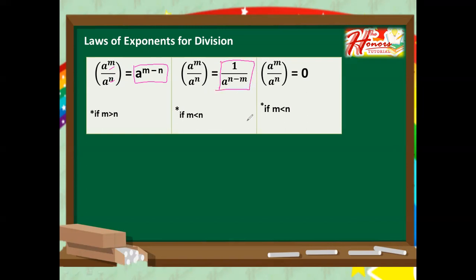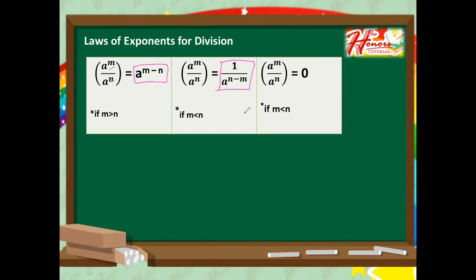We have to change that into a fraction because if the exponent of a is less than the exponent of the denominator, then it will become a negative number. And we don't want that, a negative exponent, right? So therefore, we have to do something to make it a positive number. How? By changing it into a fraction.